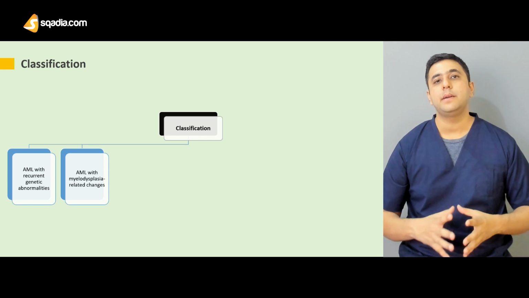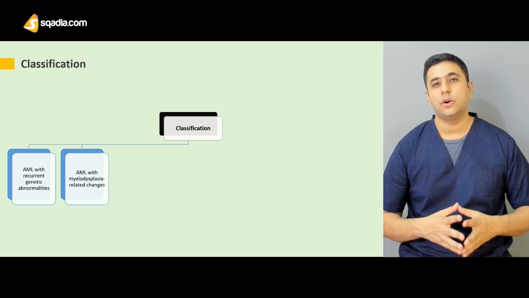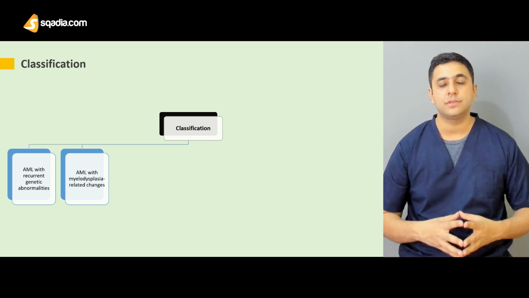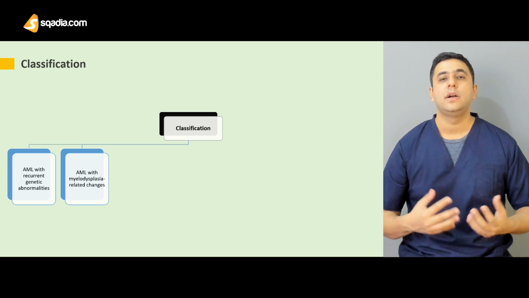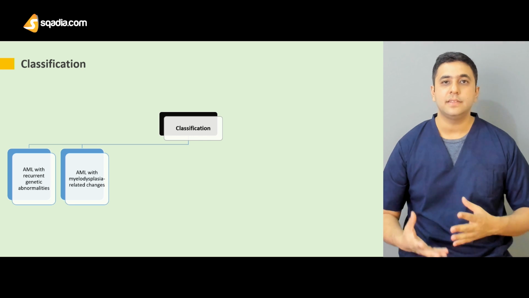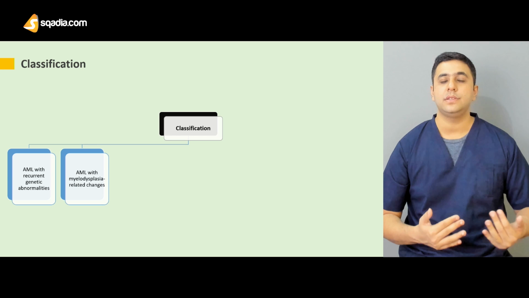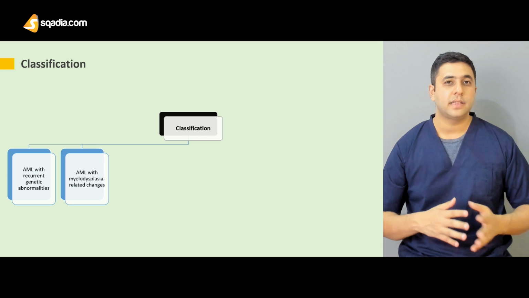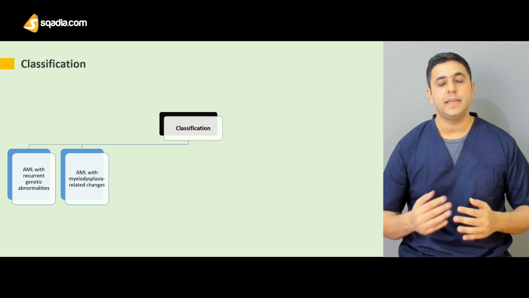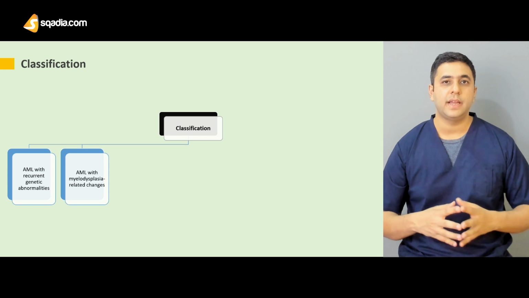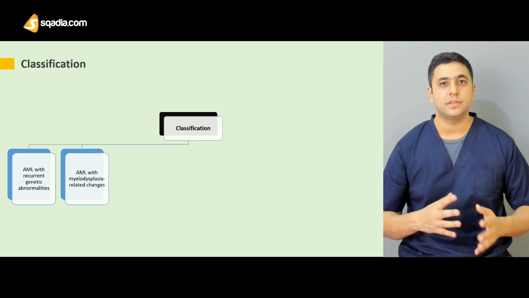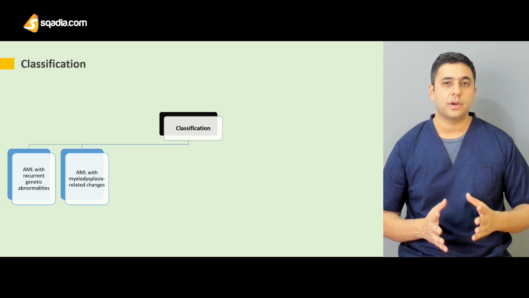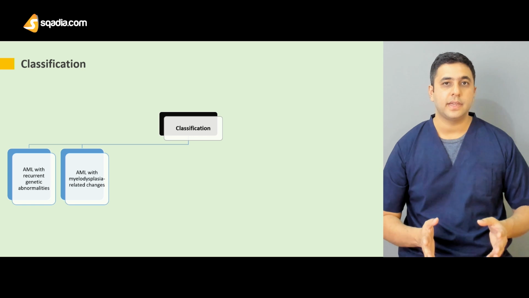Generally, when AML arises secondary to myelodysplasia or other disorders like myeloproliferative disorders, paroxysmal nocturnal hemoglobinuria, aplastic anemia, or Fanconi's anemia, it is defined as a secondary AML rather than a de novo AML, which has arisen on its own without any previous history of related disorders.